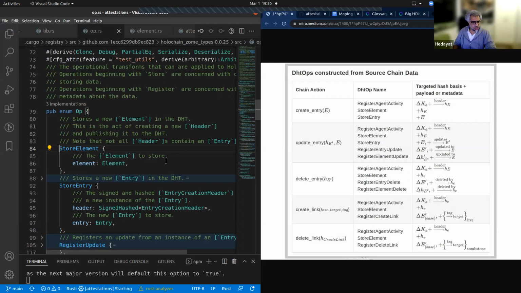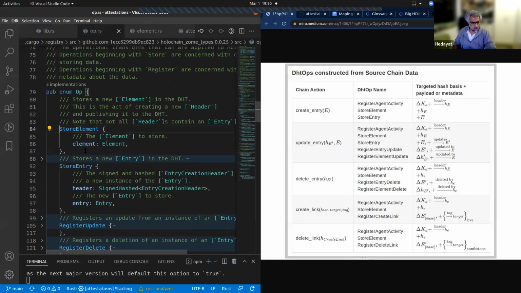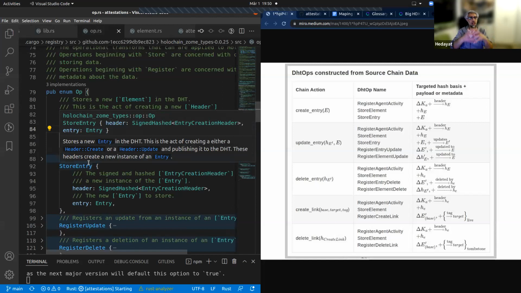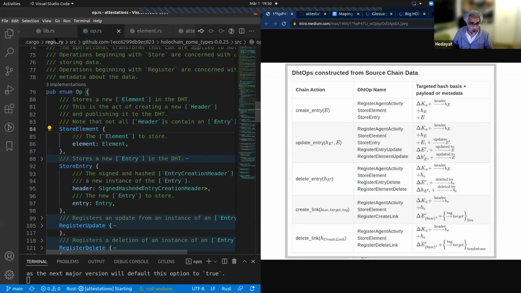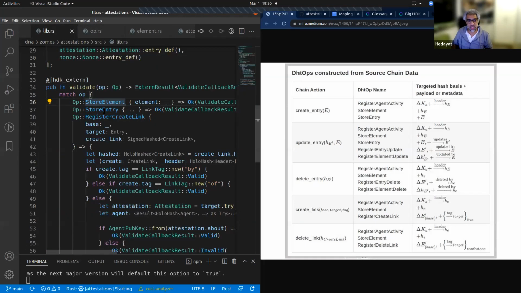By the way, briefly, an element is the combination of header and entry, and both of them are the element. So why do we need to validate element? We can validate header, we can validate entry. What is the philosophy? Why do we need to validate element, both of them together?